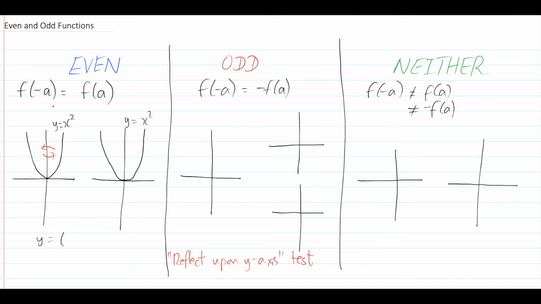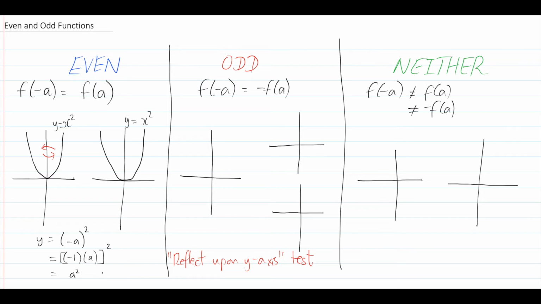If I was to sub in negative a, negative a squared. Well, we know that negative a can also be written as negative 1 times a, and then the whole thing squared, okay? And what essentially you get is negative 1 squared, a squared. Well, negative 1 squared we know is 1, because negative 1 times negative 1 is positive 1, and then a squared is a squared.